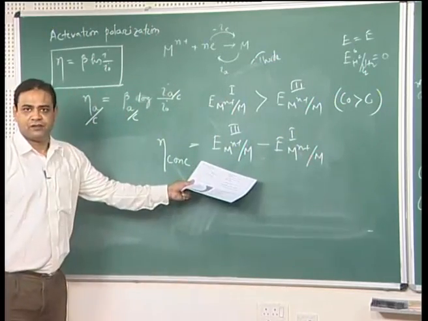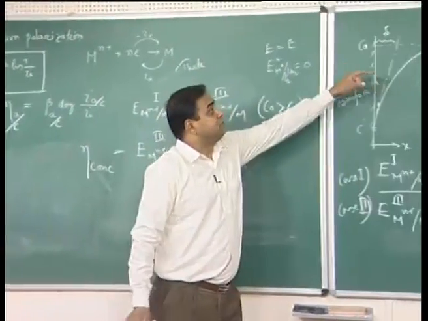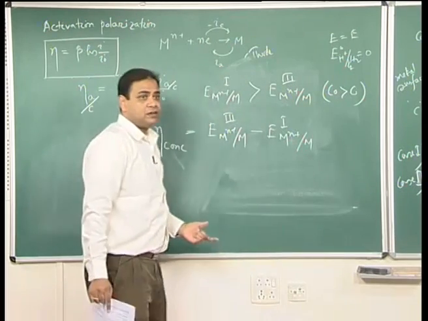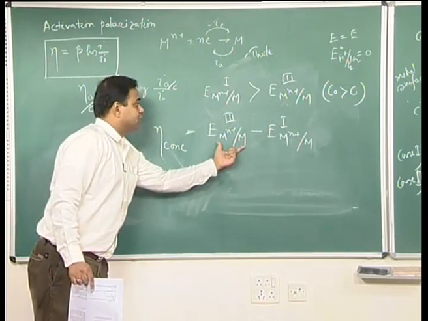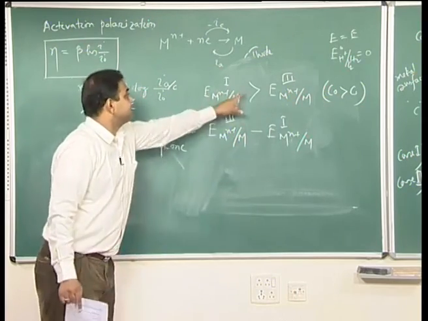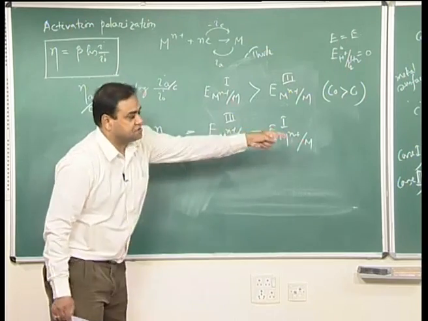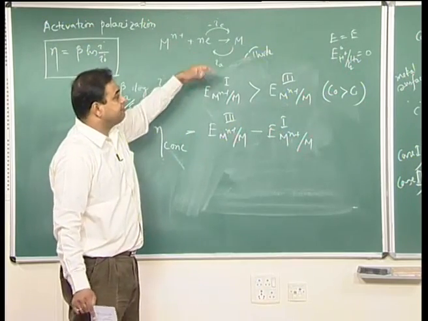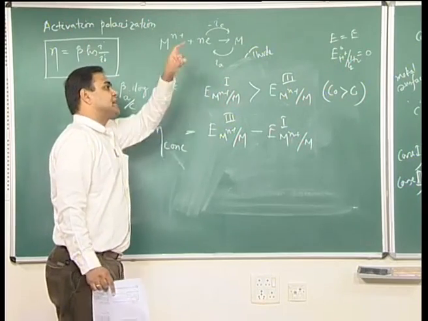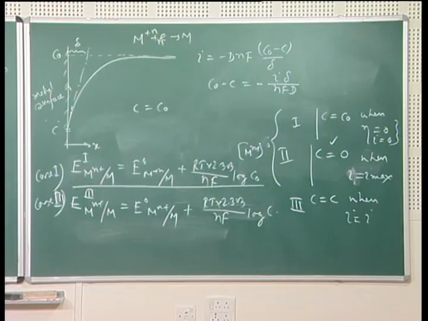This is my polarization. And you see, we have considered the metal ion reaction, so it is basically nothing but cathodic polarization. Here also this is cathodic polarization, because we see that potential is decreasing since this one is greater than this. And this is happening because of the concentration difference, not because of the activation jump of the ionic species over the activation barrier from OHP to IHP.